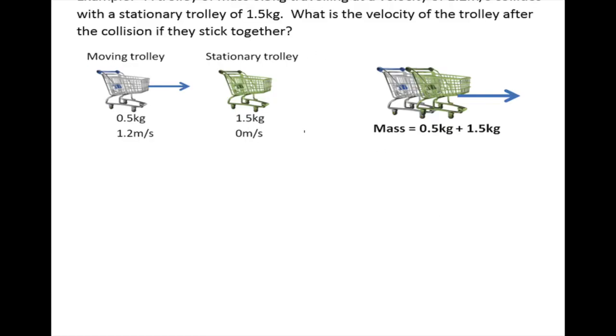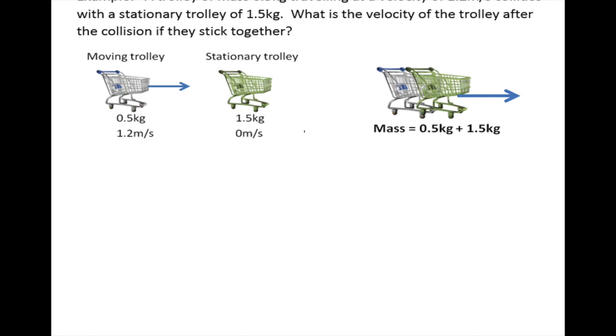So in this example, it says a trolley of mass 0.5 kilograms travelling at a velocity of 1.2 meters per second collides with a stationary trolley of 1.5 kilograms. I'd love to do this in a supermarket car park. Imagine they both slot in together, so they're stuck together, and all your exam questions will have the objects stuck together after the collision.